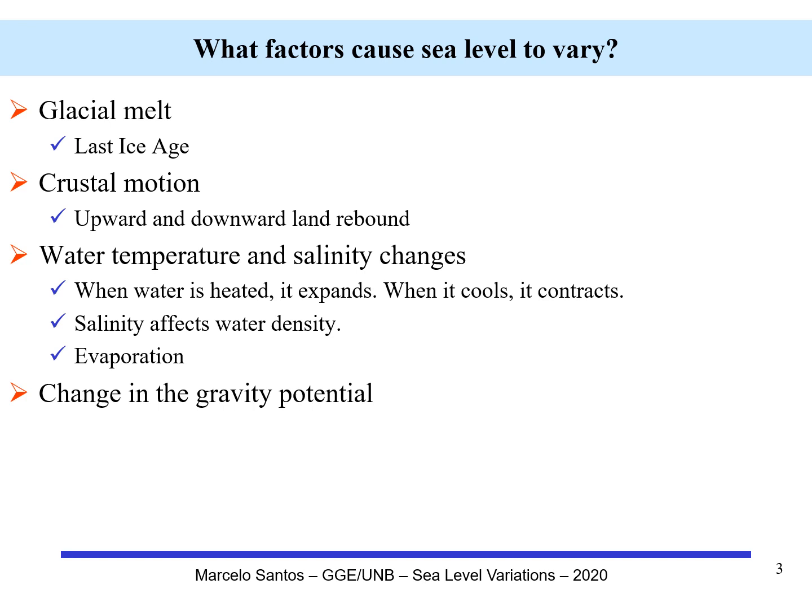Sea levels vary due to many factors. We still feel the consequences of glacial melt from the last ice age. The crust moves up and down from local to continental scales, affecting how we perceive sea level. And there are variations in water temperature and salinity. Seawater is susceptible to thermal expansion, and salinity affects water density.